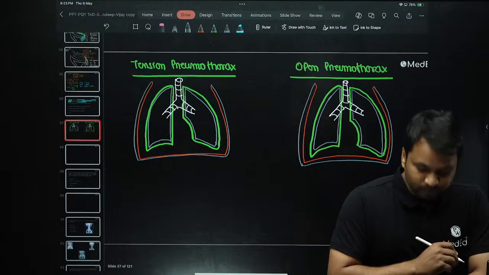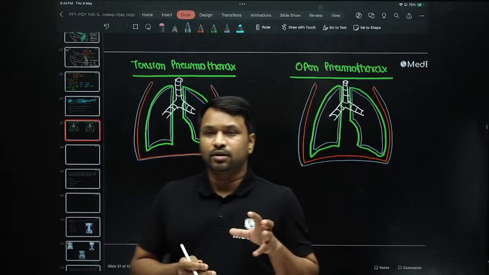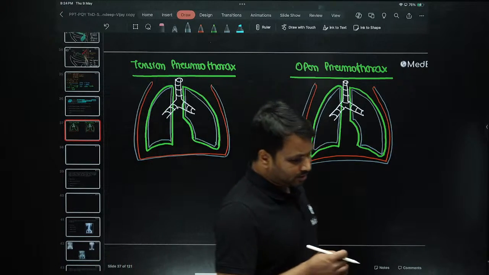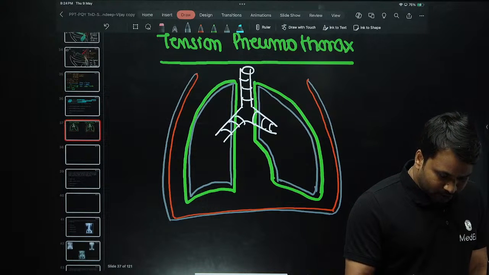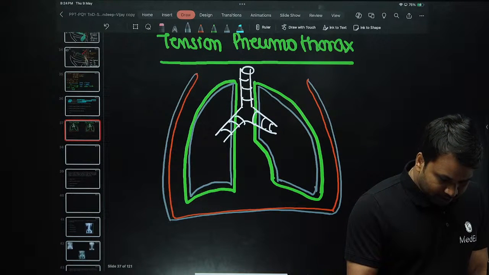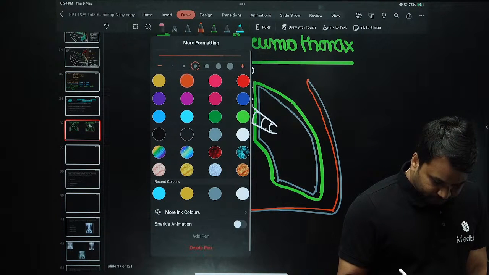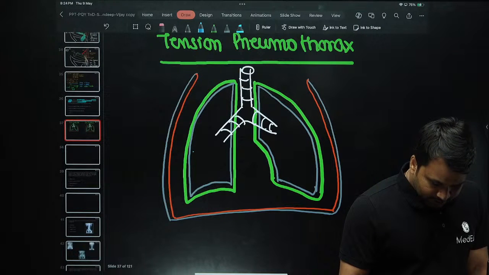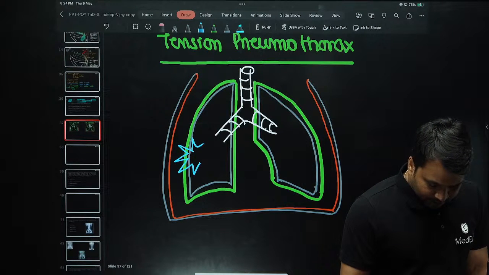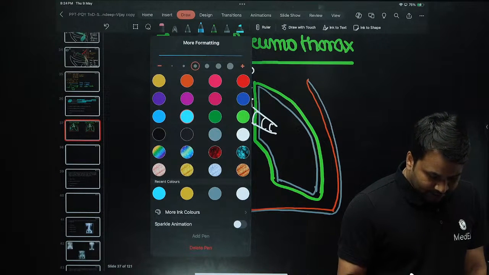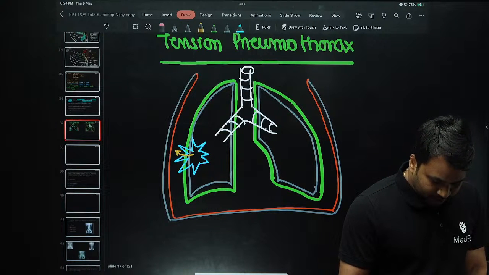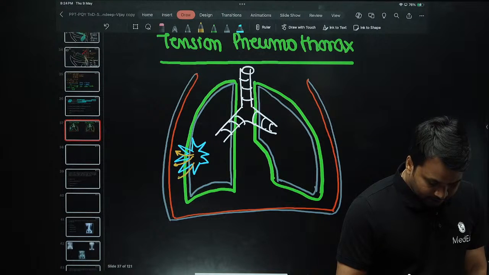The difference between the tension and the open pneumothorax is that in tension pneumothorax, the injury occurs within the thoracic cavity. Let's say there is an injury that has occurred in the parenchyma. As the injury occurs, the air which is present here will start leaking between the parietal and the visceral pleura.